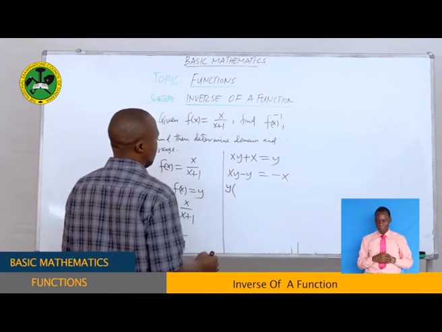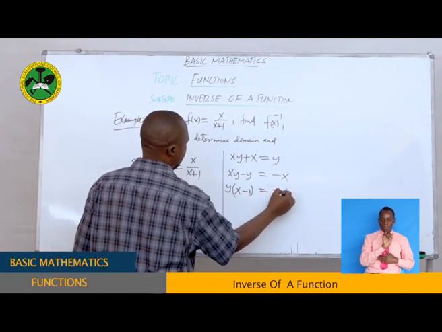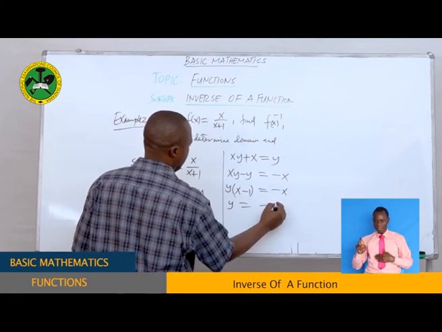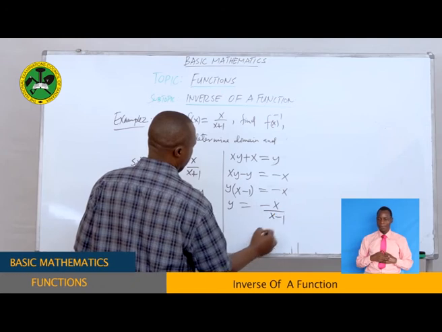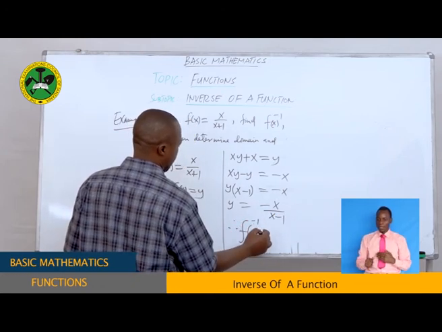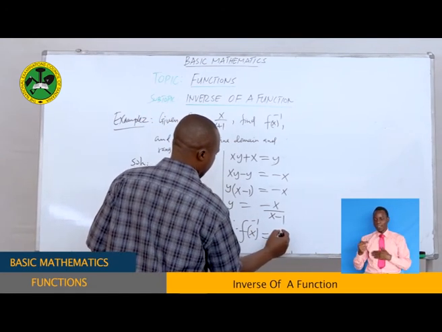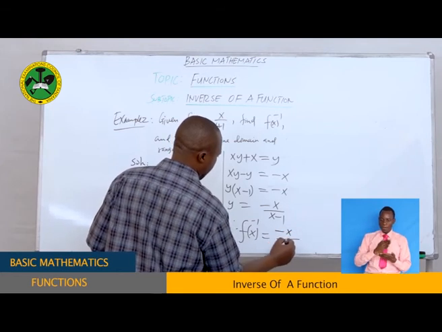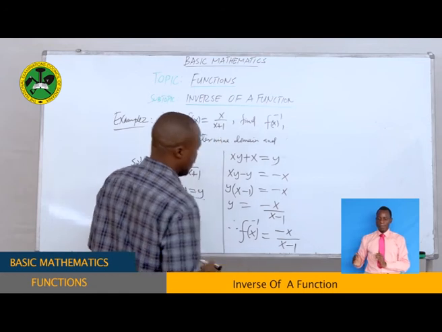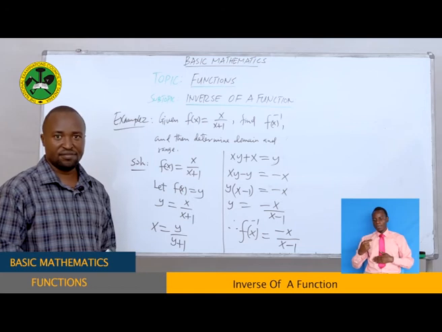So y out of the bracket, we have y times x minus 1 is equal to negative x. In this case, y is equal to negative x over x minus 1. Therefore, f of x inverse is equal to negative x over x minus 1. So that is our inverse.